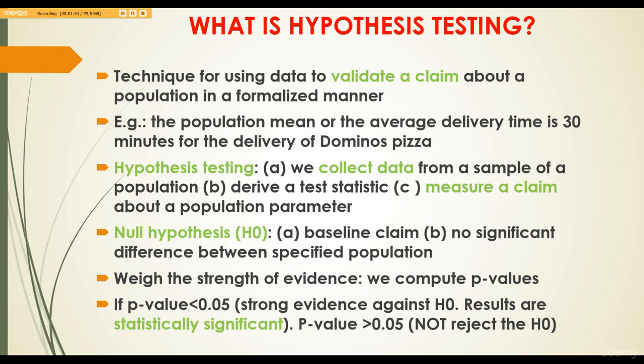This cutoff value 0.05 is the most commonly used in literature, although you can use values like 0.01 or 0.1, but across most disciplines, if your p-value is less than 0.05, then your results can be assumed to be statistically significant.